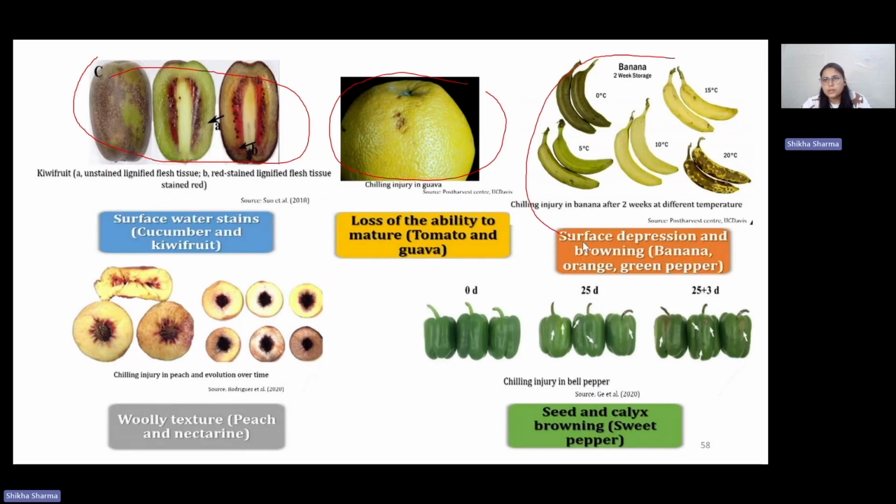In banana, we can see there is a surface depression and also browning due to the chilling injury. And this is a peach. In the peach, there is a woolly texture. And in this bell pepper, the seeds and the calyx are getting brown. You can see browning here. So these are all the symptoms of chilling injury in different fruits and vegetables.